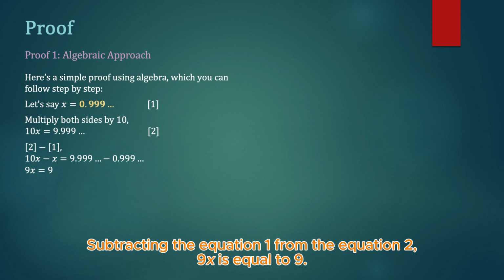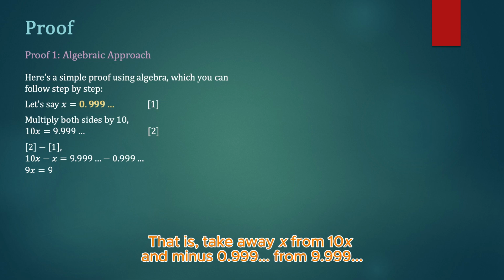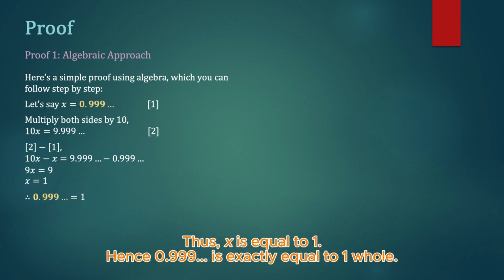Subtracting equation 1 from equation 2, 9x is equal to 9. Note that when subtracting equations, we subtract the matching sides. That is, take away x from 10x and minus 0.9 repeating from 9.9 repeating. Thus, x is equal to 1, hence 0.9 repeating is exactly equal to 1 whole.